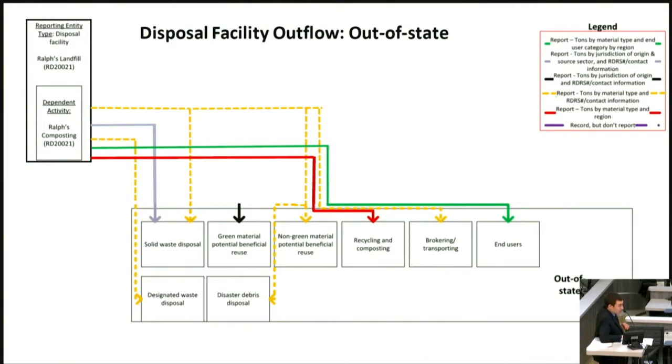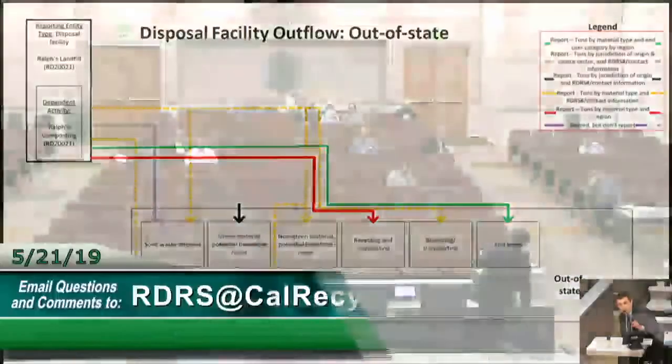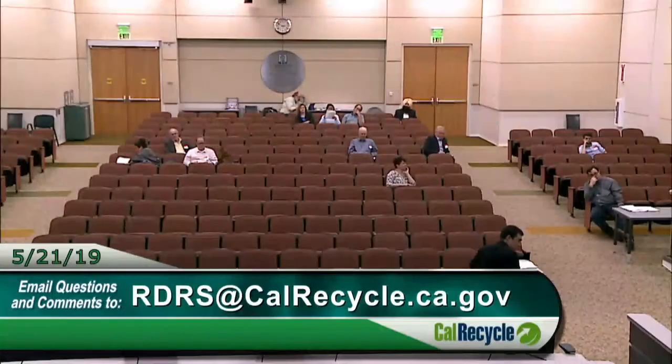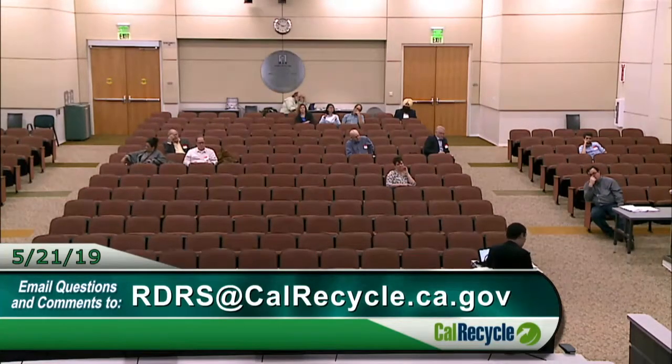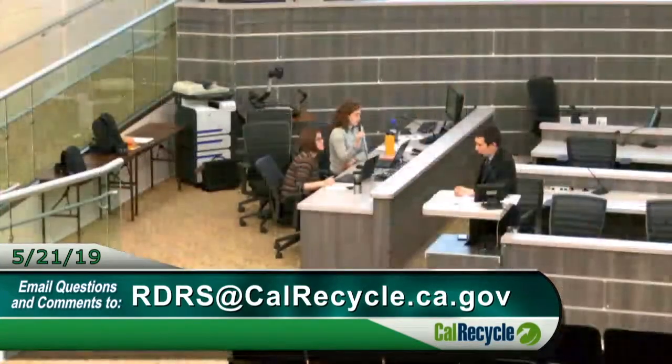So we have about 3 minutes to our break, which gives us some time to take questions, either in person or online, regarding anything up to this point, including disposal facility.